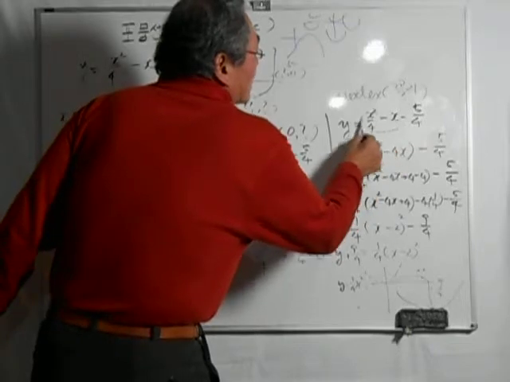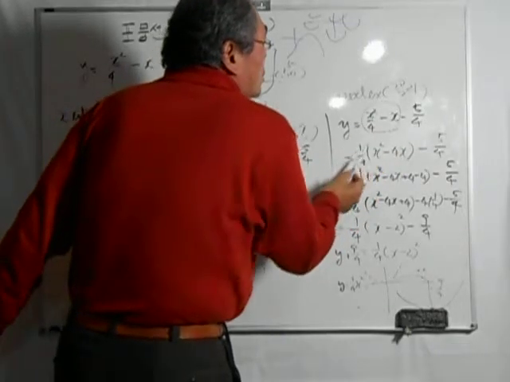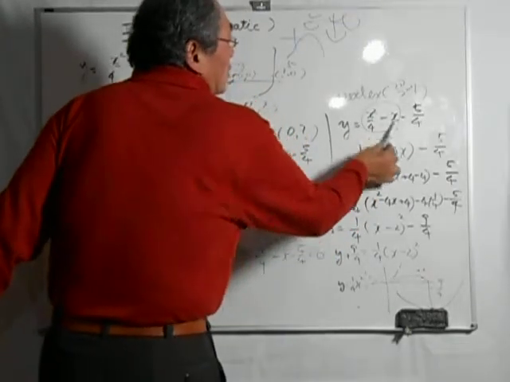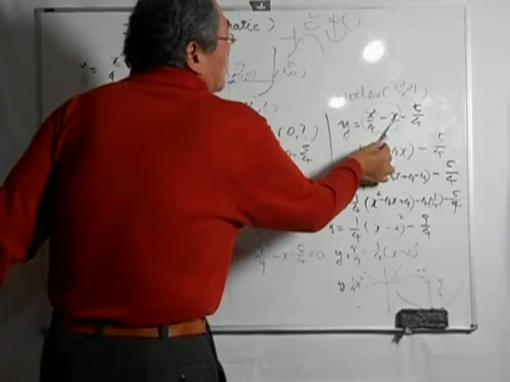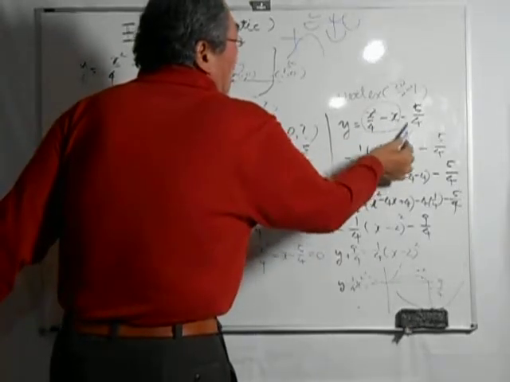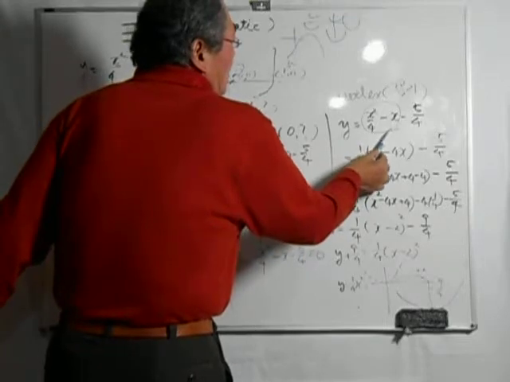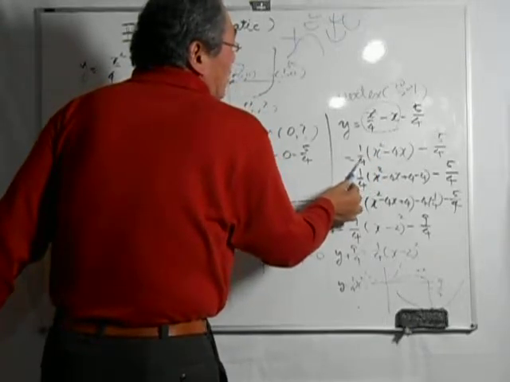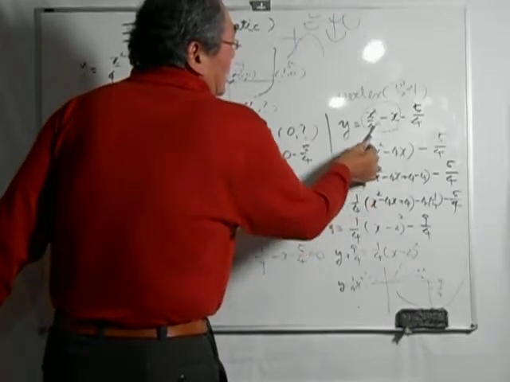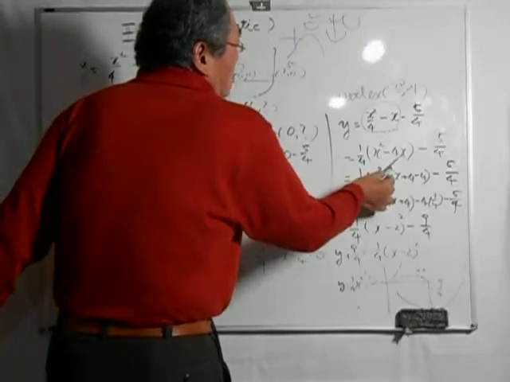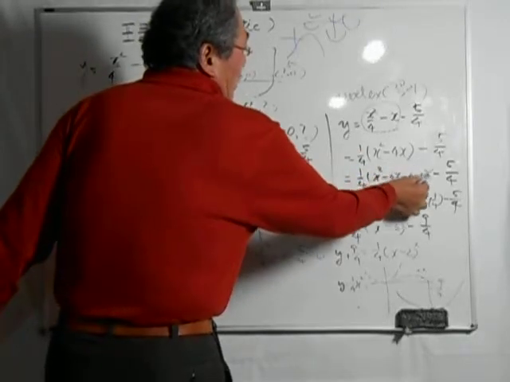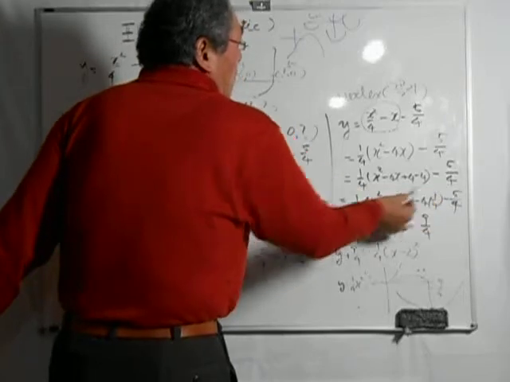Our concern is this. We're gonna make a perfect square from this one and this one. Combine this. So from here, I'm gonna pull 1 over 4 out. Then this is gonna be x squared minus 4x. Okay, I write minus 5 over 4.